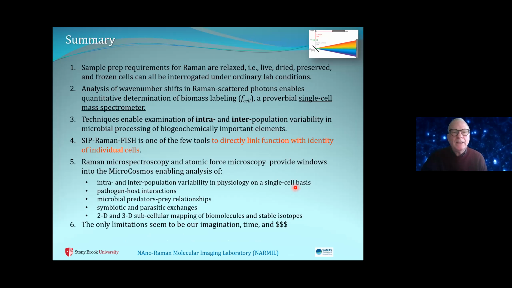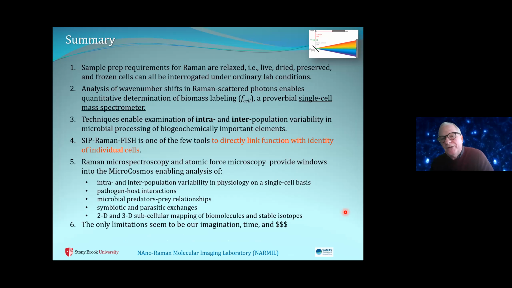Okay, believe it or not, I've come to my summary slide. So we're pretty enthusiastic, as you might imagine, about this approach. And some of the things to recommend Raman is that the requirements for sample prep are very relaxed. As long as the cell is standing still, not moving, we could look at live cells.